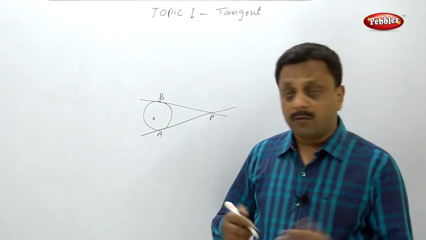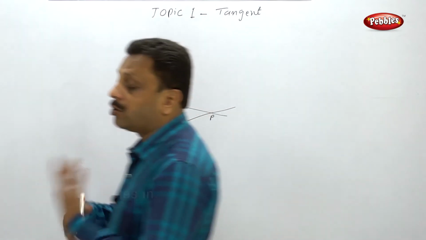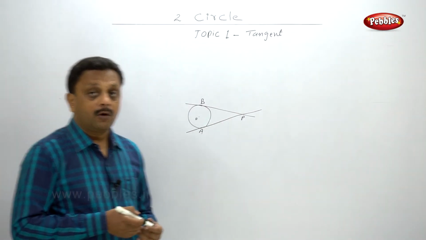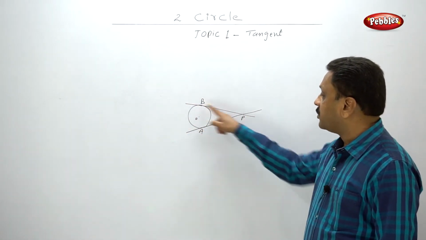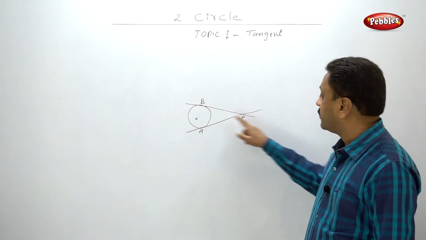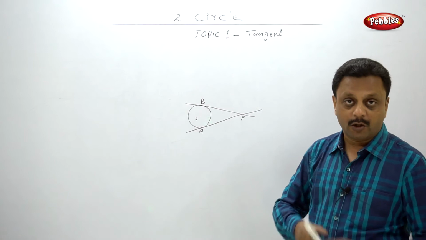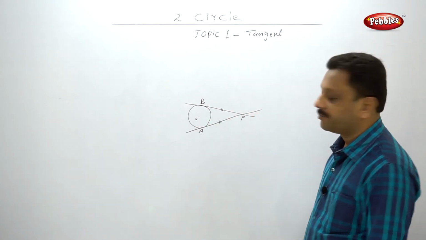Okay, now if this is the figure, always think what extra knowledge you have about this figure. Now you know that these 2 are the tangents, so these are the tangent segments, since they are meeting outside the circle at a particular point. So BP and AP are tangent segments, and you know that these two are congruent, these two are equal.